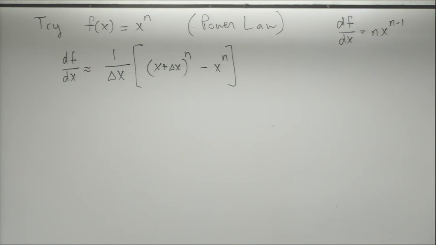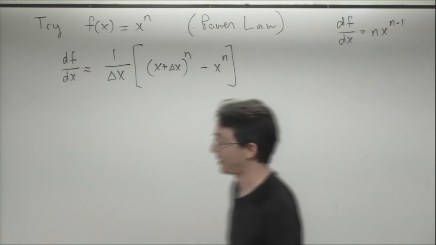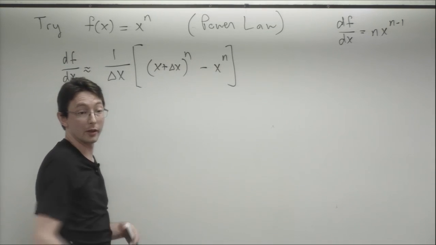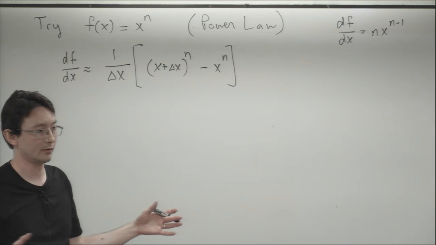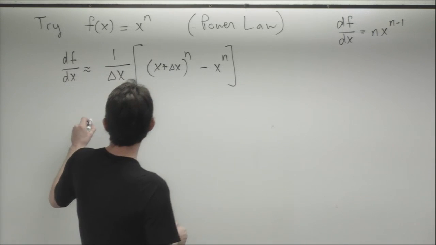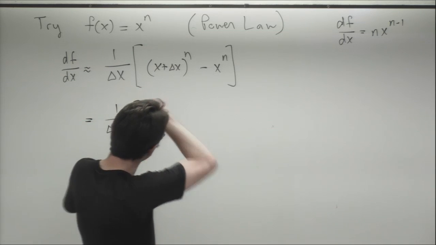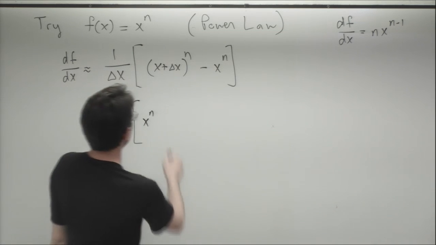There was this guy, his name started with a P. Pascal, right? There's a programming language named after him. So Pascal's triangle kind of gives you a quick and dirty formula for computing this. You could also use the binomial expansion. And you get, so 1 over delta x times, let's try not to mess this up, x to the n. Okay, that's the first term.